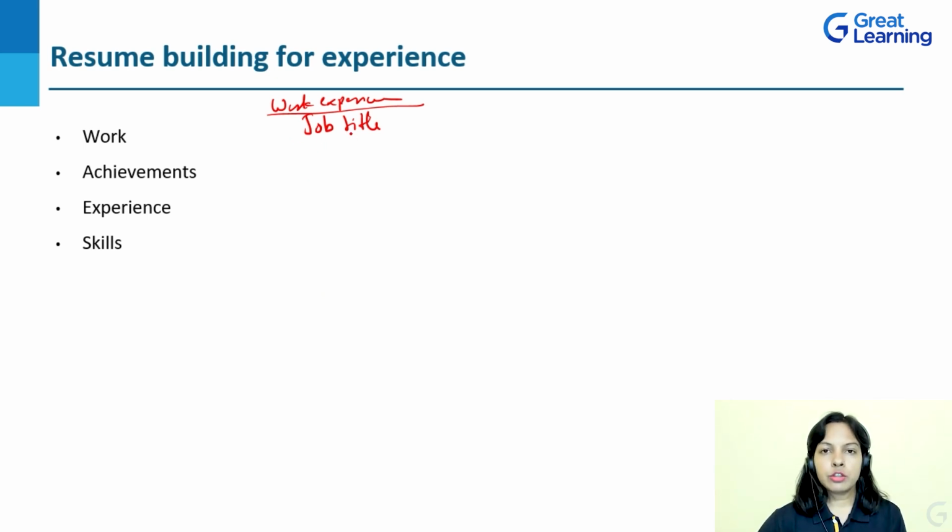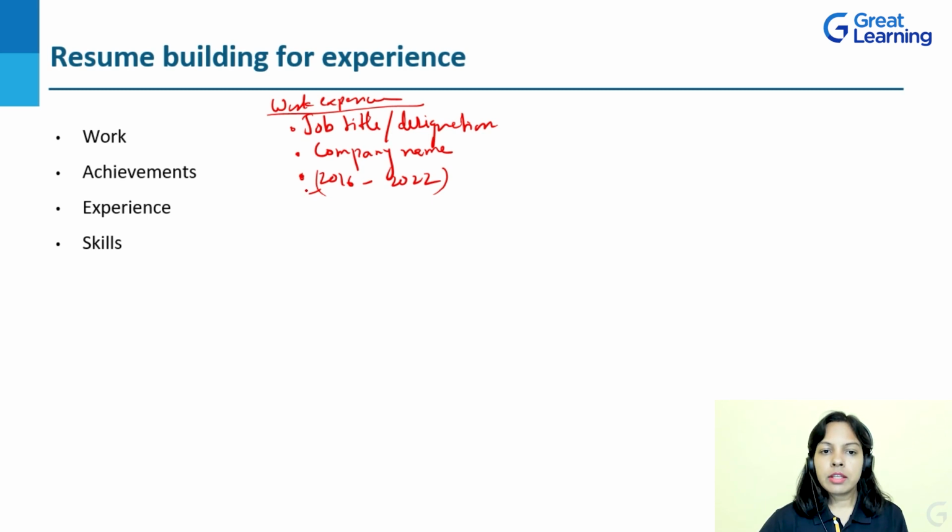So you should mention here the job title or the designation, like you are a manager, or an assistant manager, or a senior software engineer, whatever. Then you have to mention the company name where you are employed. Then these are the bullet points. After the company name, you should write the year, like from 2016 to 2022.